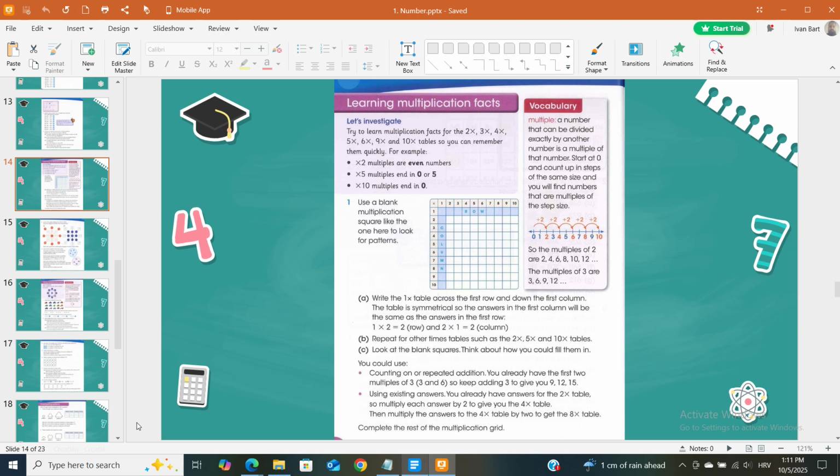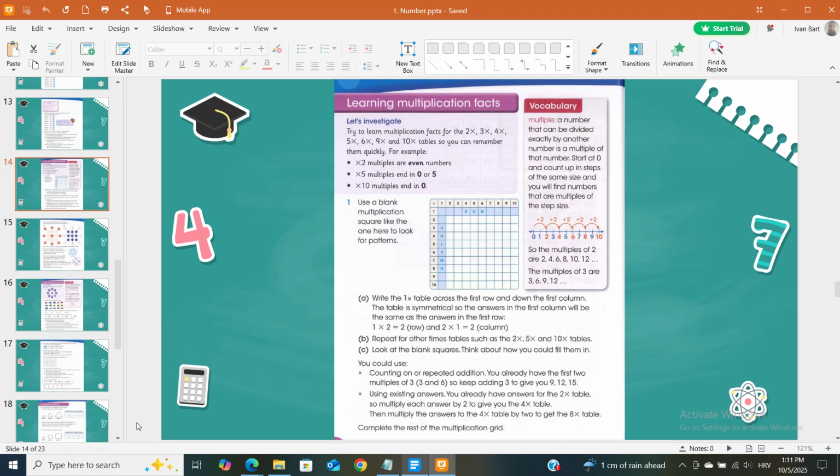1. Use a blank multiplication square to look for patterns. Vocabulary. Multiple: a number that can be divided exactly by another number is a multiple of that number. Start at 0 and count up in steps of the same size and you will find numbers that are multiples of the step size. Plus 2, plus 2, plus 2.